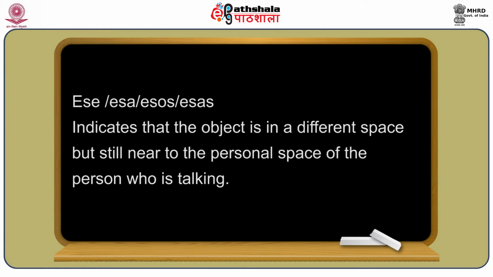Ese, esa, esos, esas meaning that or those is used to indicate that the object is in a different space but still near to the personal space of the person who is talking.